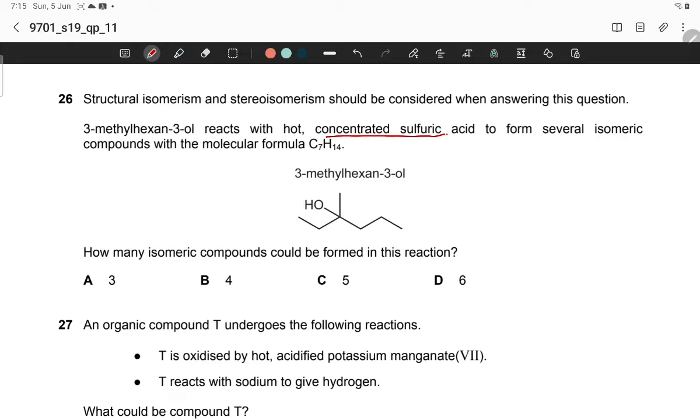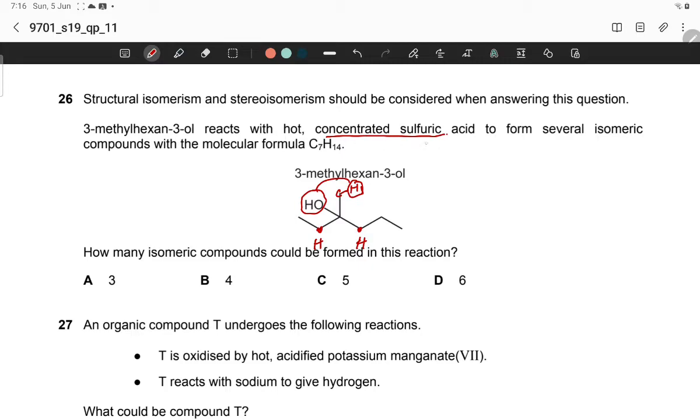So concentrated sulfuric acid, this H is removed from this carbon and this OH removed. So by removing this H from this carbon and this OH from this carbon to form, and this H also can be removed, this H also can be removed.